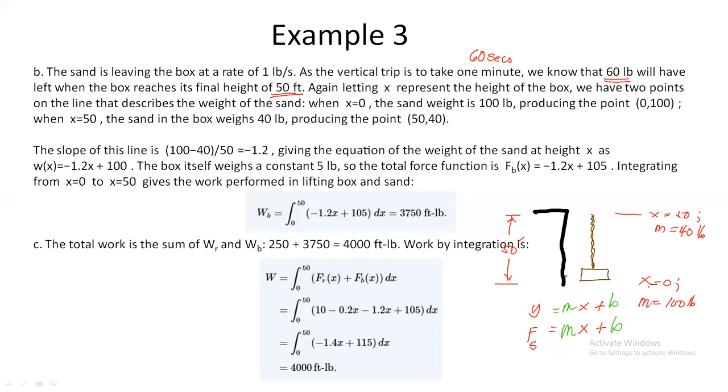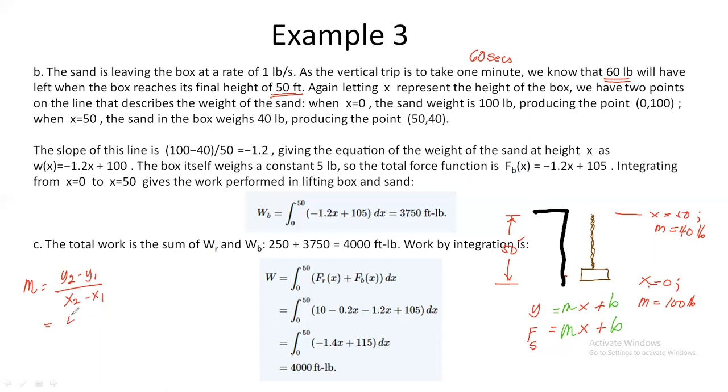You get the slope of the line based on what you have learned in analytic geometry. Slope is equal to Y2 minus Y1 over X2 minus X1. Now, your Y2 is, either of the two that you're going to use, let's say 100 or 40.